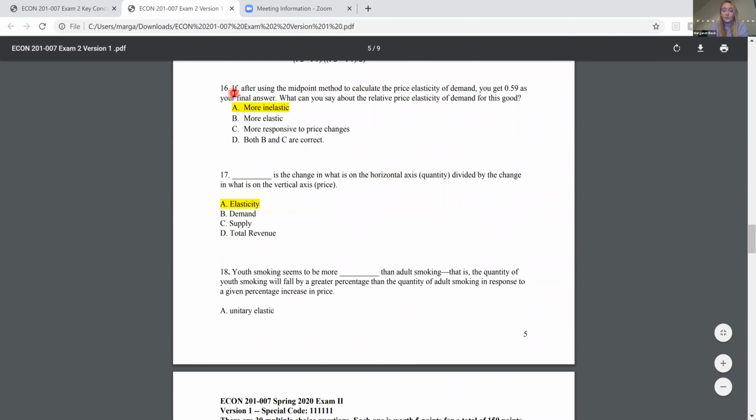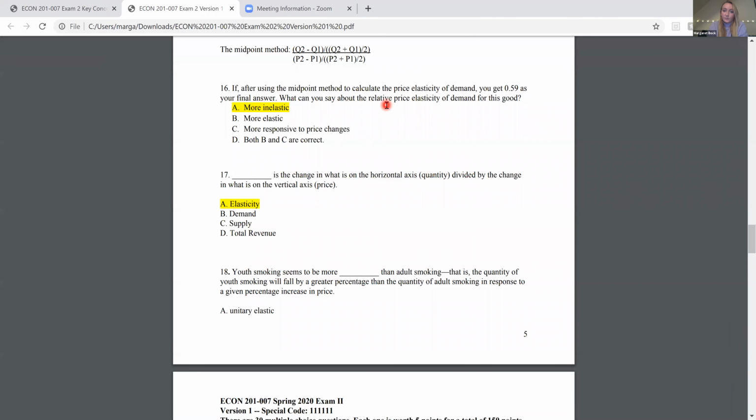Okay. Number 16, if after using the midpoint method to calculate the price elasticity of demand, you get an answer of 0.59 as your final answer, what can you say about the relative price elasticity of demand for this good?